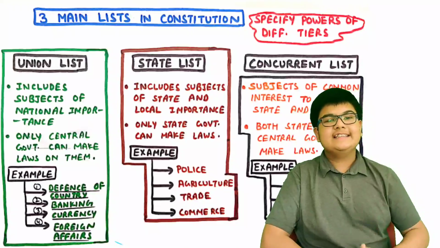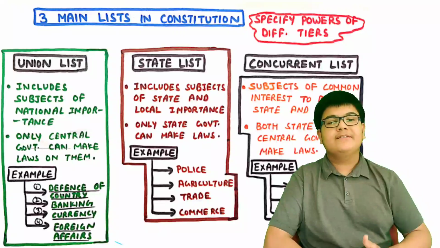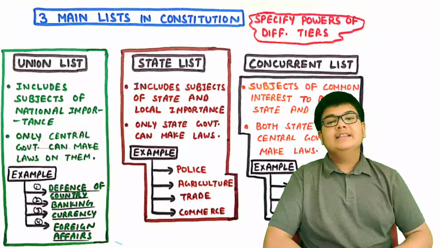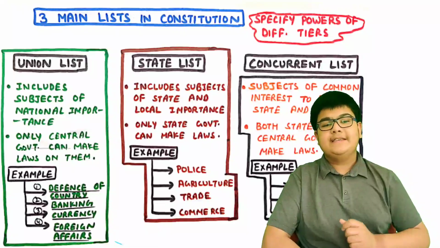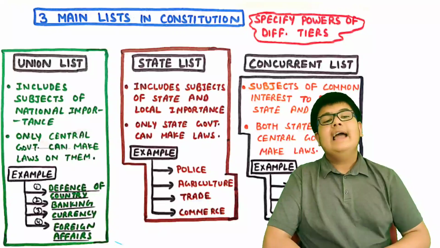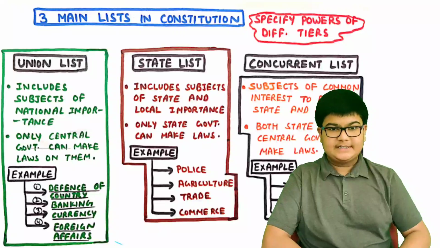Now let us see the three main lists in the Constitution which specify the powers of the different tiers of government. The first list is the Union List. This list includes the subjects of national importance, and only the central government can make laws related to these subjects.